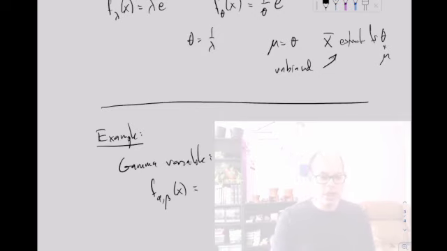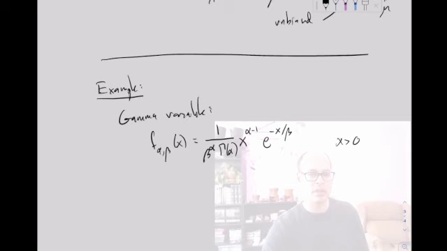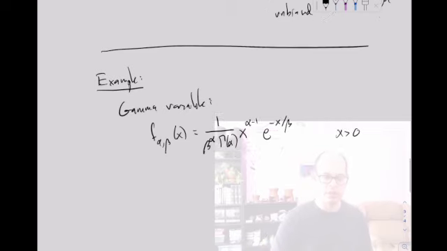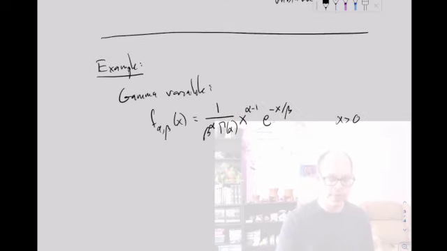But what's going to be useful for us to keep in mind in this particular case is the formulas for the mean and the variance of the gamma distribution. So let me just go ahead and remember, quote unquote, or look it up.